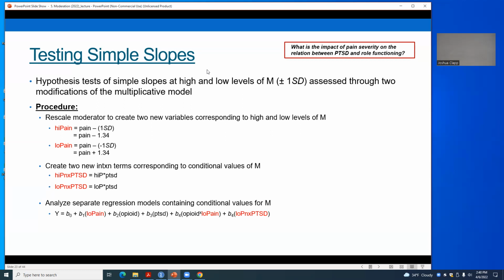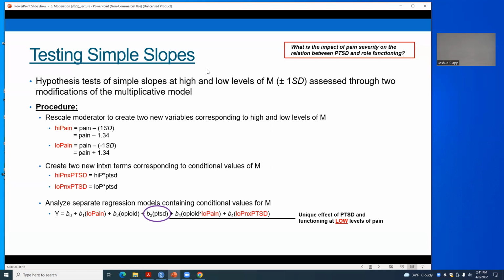I basically resubstituted low pain for any place in that equation where I had pain, right? And when I do this, the effect for PTSD is now my conditional effect of PTSD on role functioning at low levels of pain.